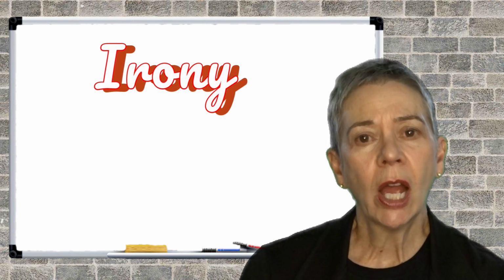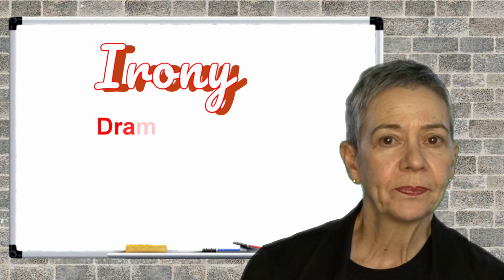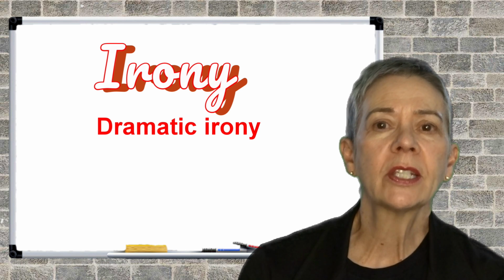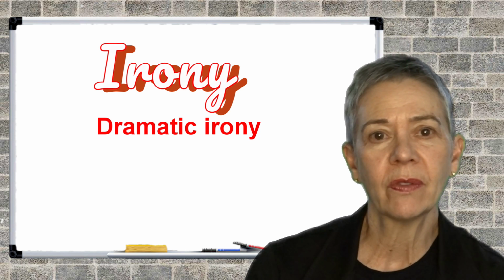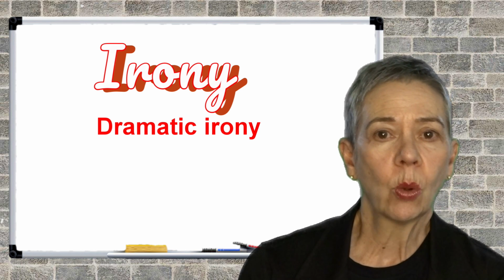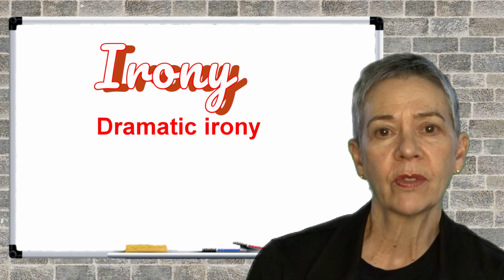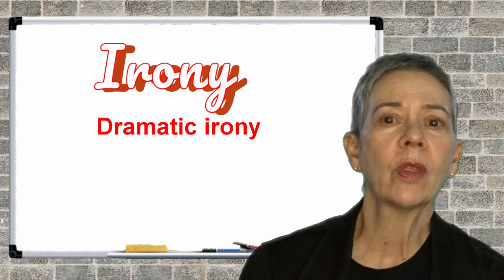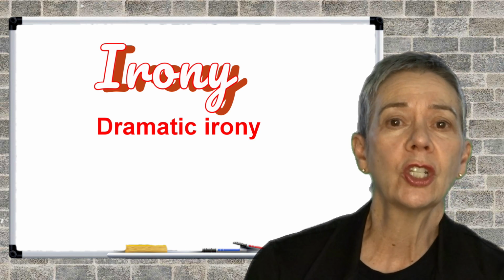There are a couple of different kinds of irony, and I'll give you a couple of examples of each of them. Dramatic irony is the first one, and it is where the writer lets the reader know something that the character does not. One of the best examples of this is in the end of Romeo and Juliet. Shakespeare has told the story letting you in on the fact that Juliet has taken an elixir of some sort to put her into a state of suspended animation so that when Romeo finds her, actually when everyone finds her in the tomb, they will think she's dead.